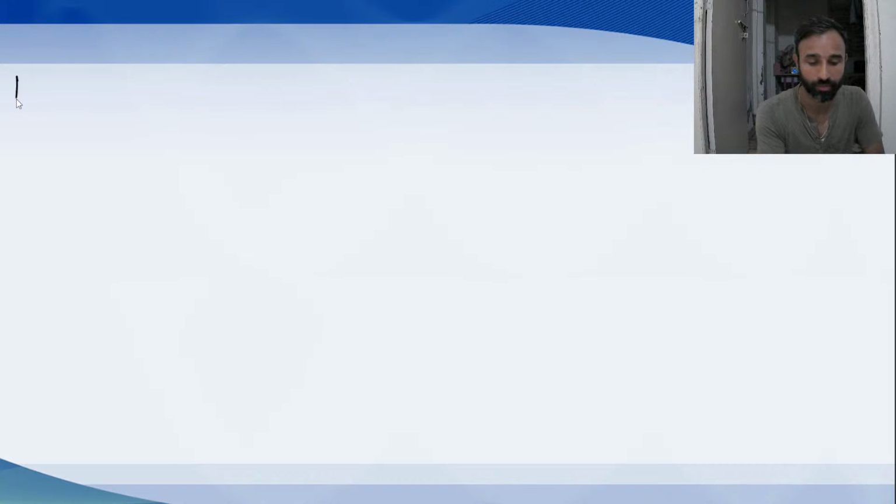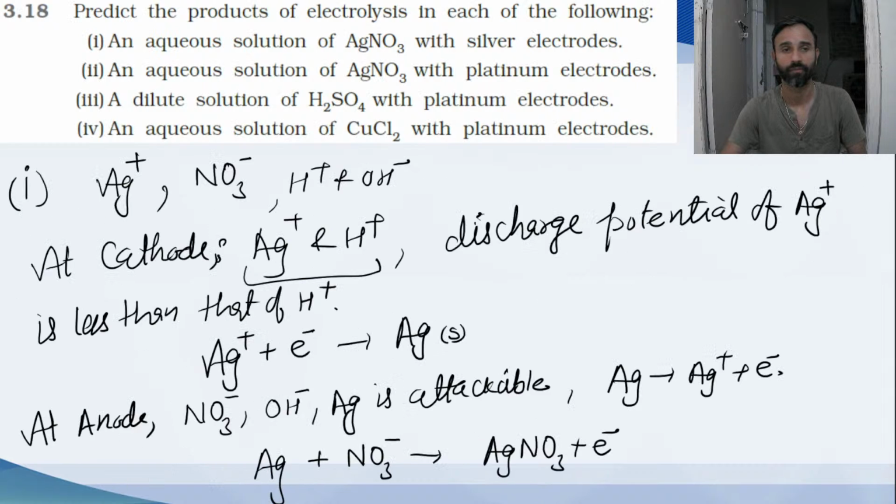Now third, electrolysis of a dilute solution of H2SO4 using platinum electrodes. We have dilute H2SO4.